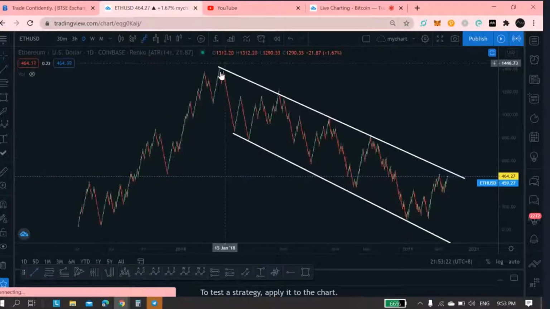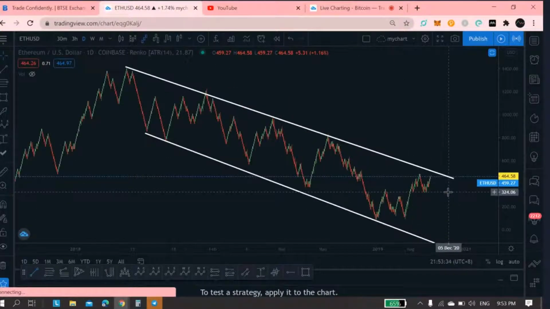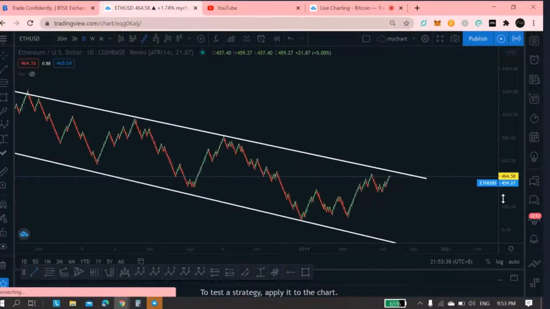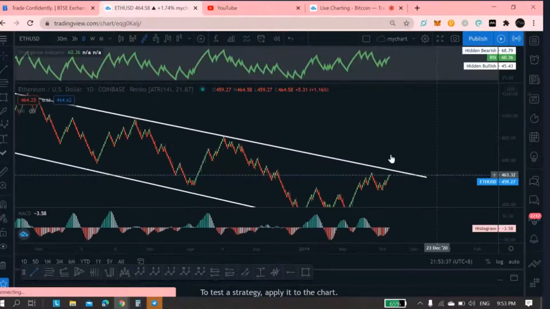From its uptrend to its high around 1,400, it formed a long-term downtrend area, and currently it's now at the 464 area.